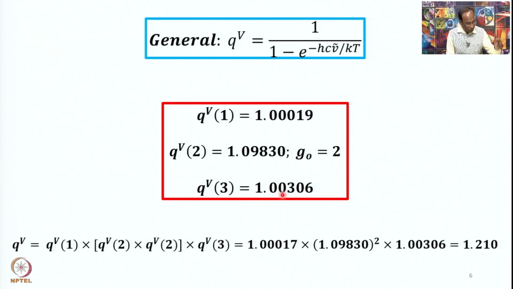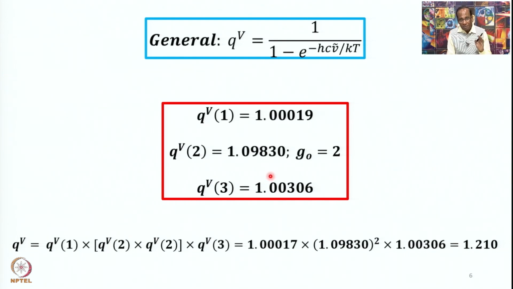Now we have all the 4 values for one normal mode of vibration, and for the second, which is doubly degenerate, and for the third one, which is non-degenerate, the value in each case is close to 1.